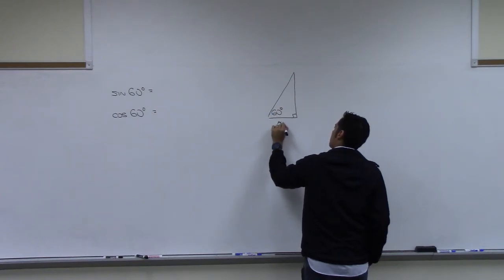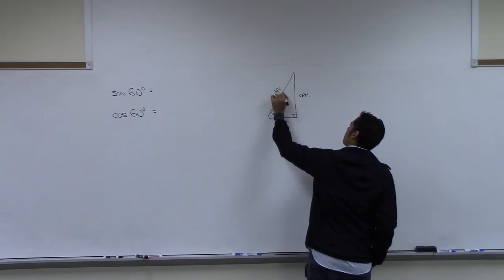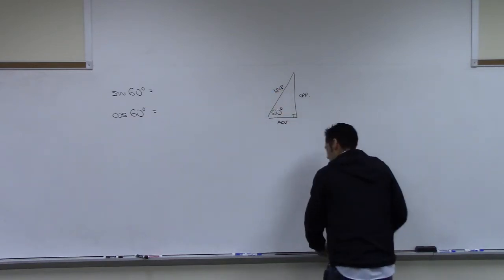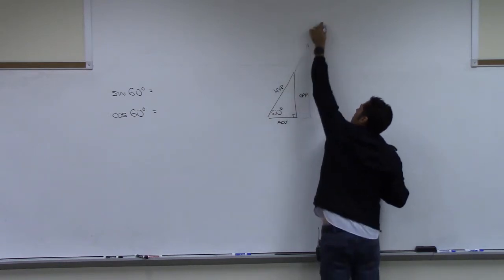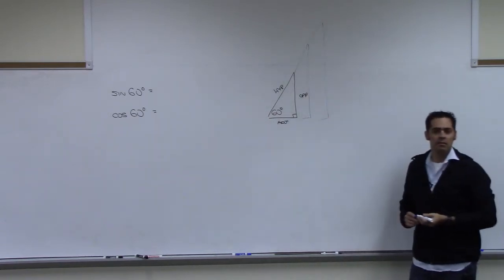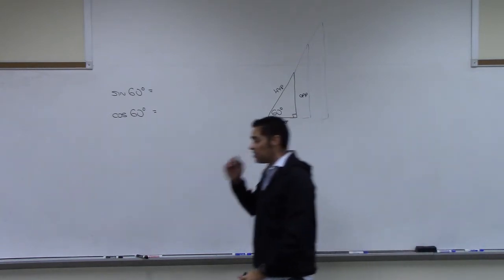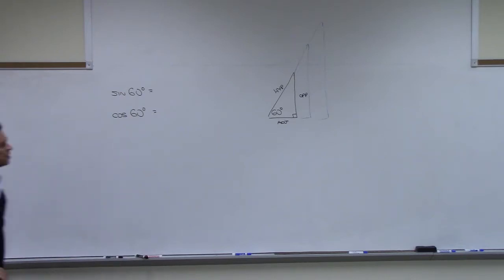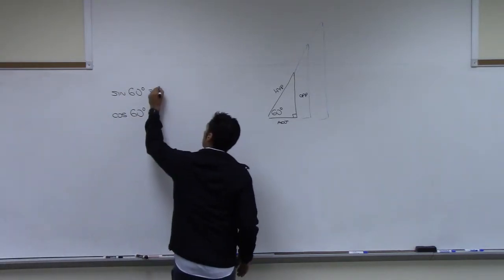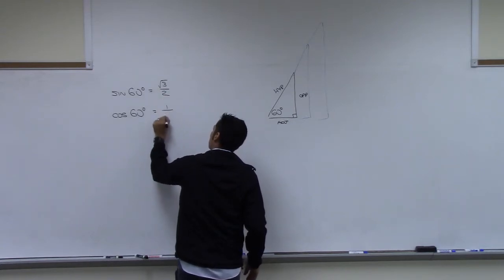We still have adjacent, we still have opposite, and we still have hypotenuse. And remember, it doesn't matter how somebody draws this, we're always going to get the same ratio. So sine of 60 degrees is root 3 over 2, and cosine of 60 degrees is 1/2.